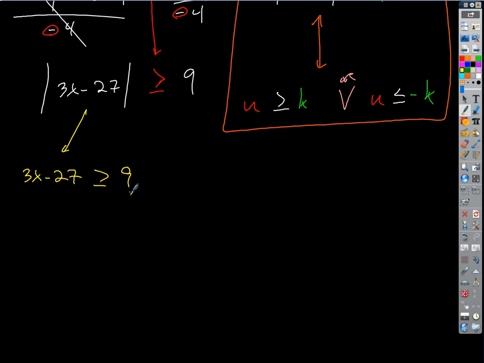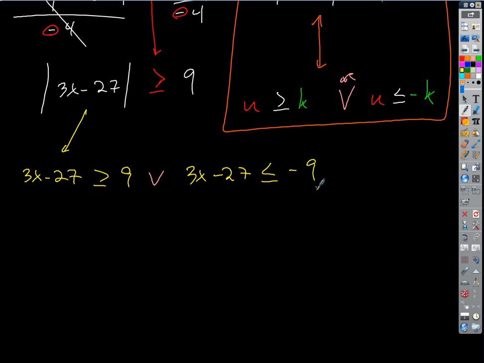There's part of it, right? Or what's inside, there's my u, is going to be less than or equal to negative 9. Great. Easy, right?